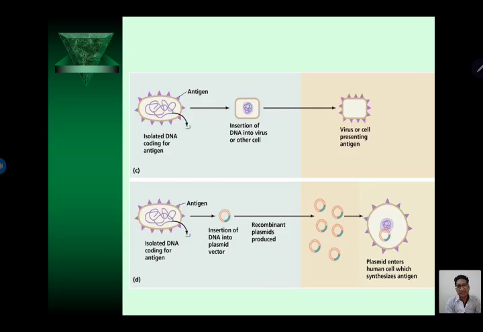The fourth option is isolated DNA coding for the antigen, then insertion of the DNA into plasmid vectors. A recombinant plasmid is produced. Next, the plasmid enters human cells, which then synthesize the antigen. So there are a lot of cases that we perform in laboratories to get cheaper, safer vaccines.